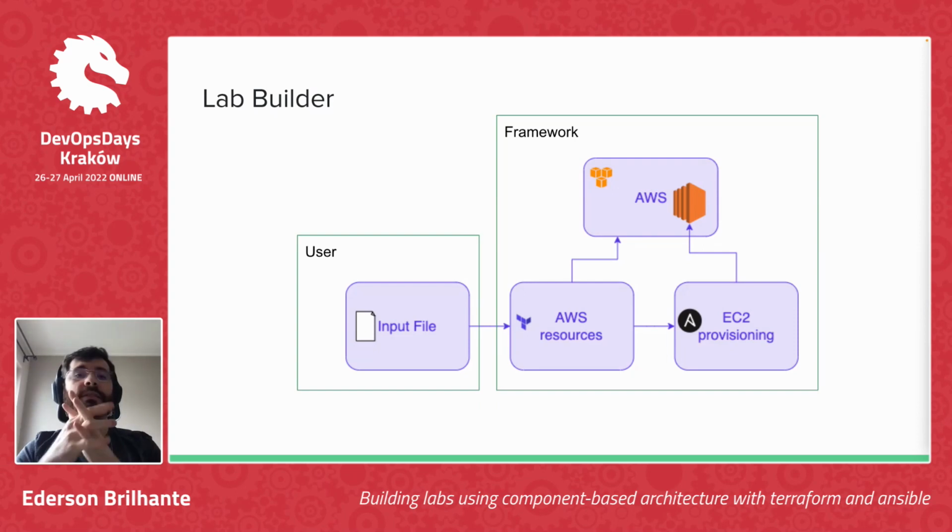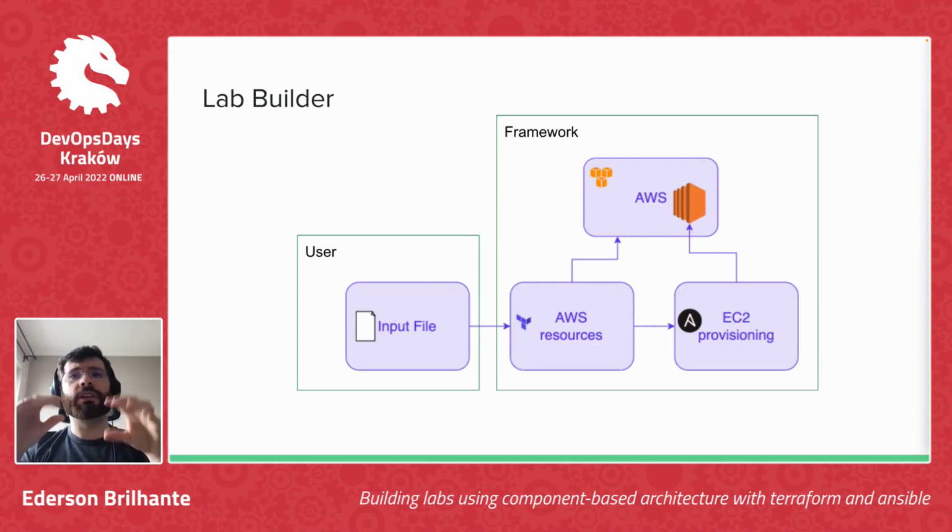We are using AWS, but because everything is a component, we can easily extend it to work with Azure, Google Cloud Platform, or any other cloud provider that is supported by Terraform. The Terraform scripts are used to create the EC2 instances and all the AWS resources the lab needs, like security groups, the subnets, and other resources.